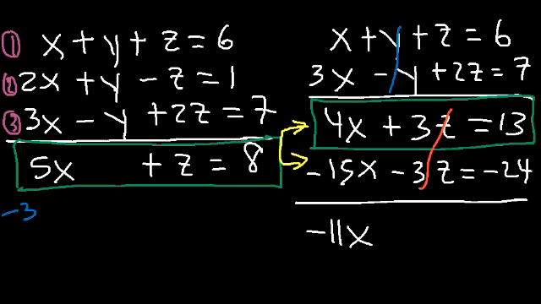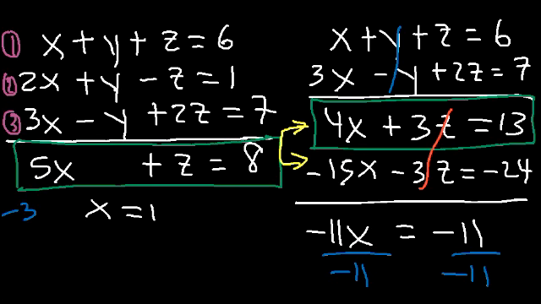The z variables will cancel, and 13 plus -24, which is 13 minus 24, that is -11 as well. So at this point we can divide both sides by -11, and so we can see that x is equal to 1. So now let's save this answer.